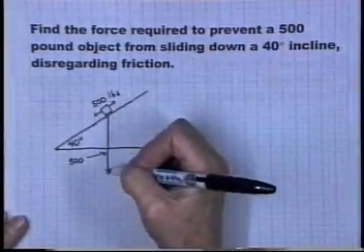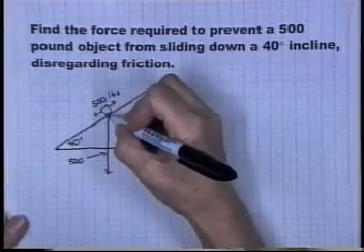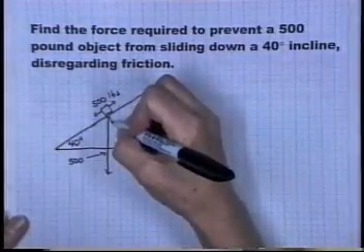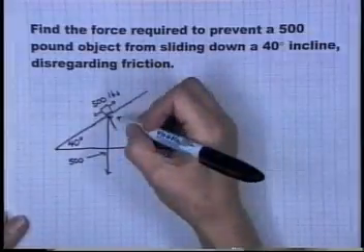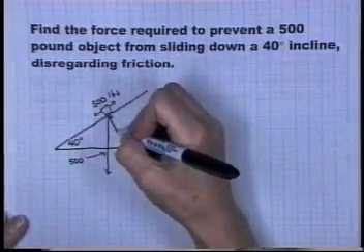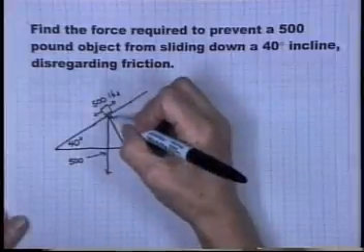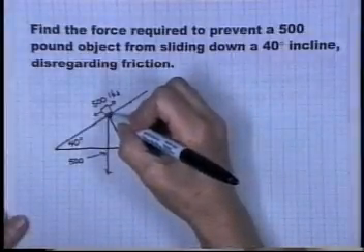Now, in addition to that force, there is a force that acts perpendicular to the plane that holds that object there against the plane. So let's come down something like this. Notice this is a 90-degree angle right here.